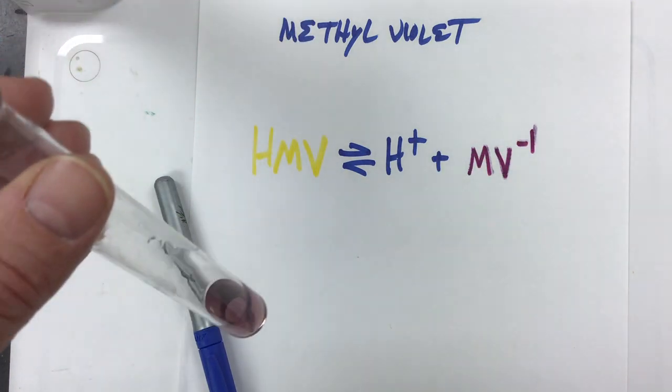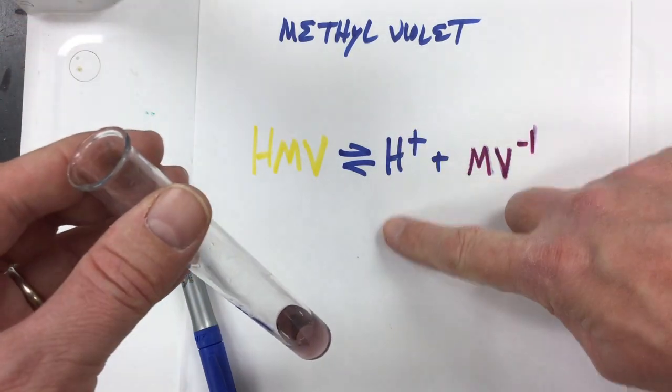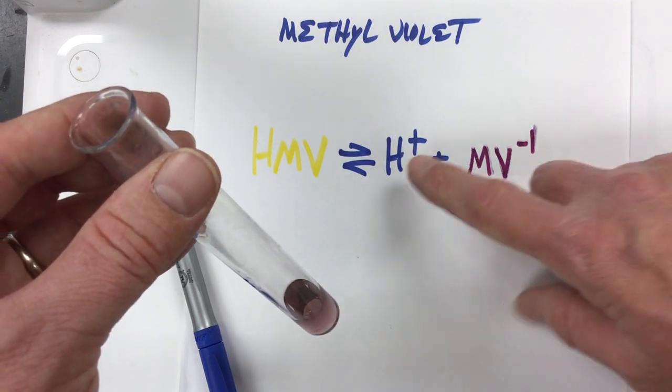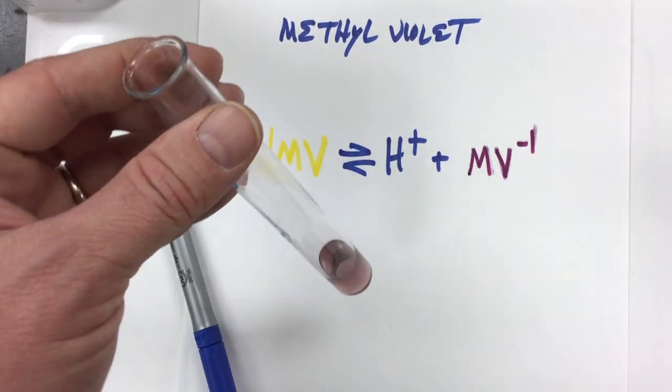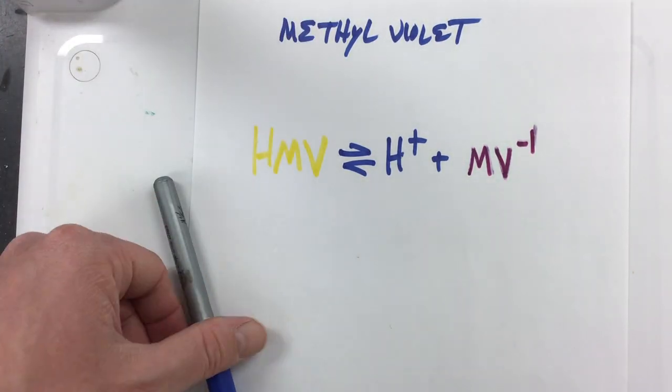So by adding in the OH, I have decreased the amount of H positive, and I have sent it over to the side with the H positive. So consequently, we get a shift in the equilibrium because of that.